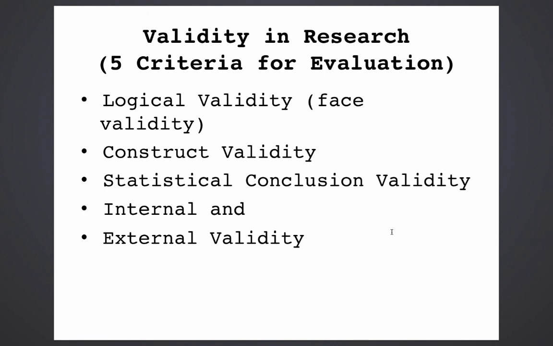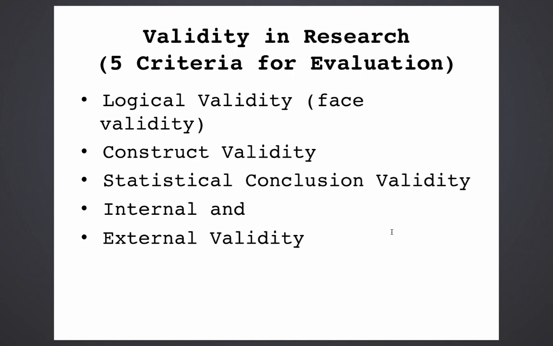Validity in research is probably one of the most complex concepts that we're going to cover. Part of the reason it's complex is because validity gets used in many different realms and in many different conversations. And so, right off the hop, I'd like to clarify that when we talk about the validity of a research design, that's a bigger issue.